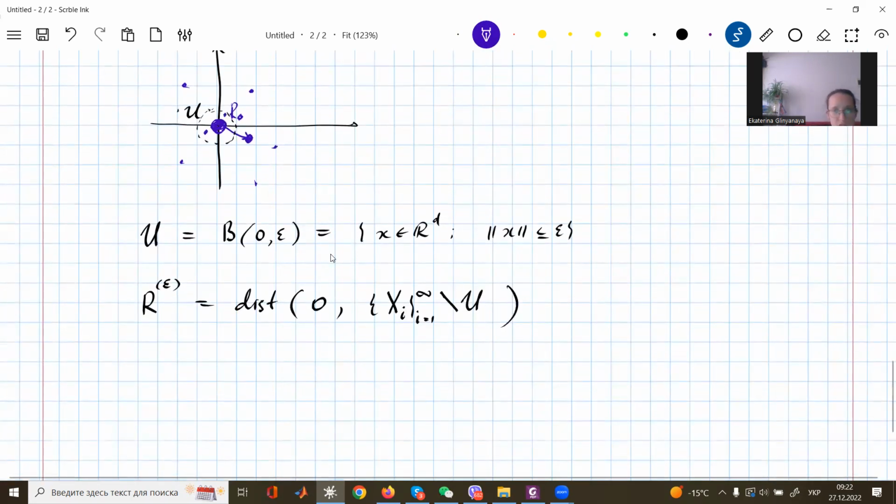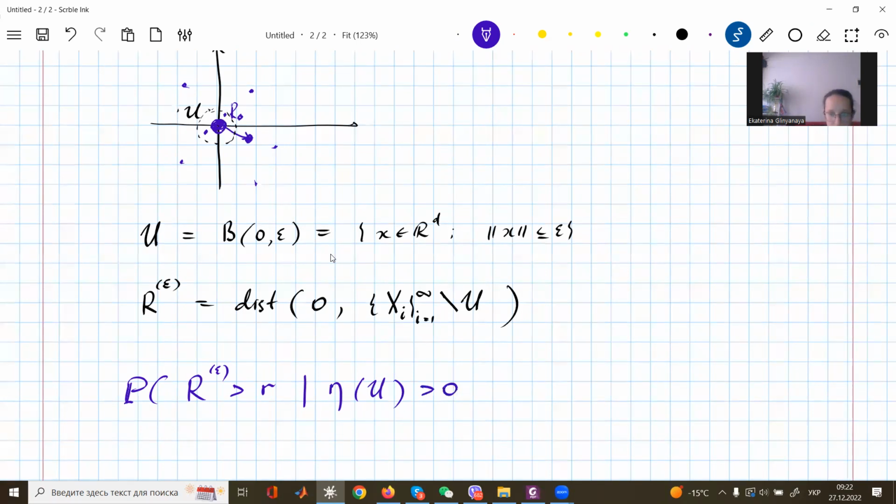So let us try to find this conditional probability. I will write: R_epsilon less than r. Let me start from this exactly, under the condition that in ball U I have some points. So why do I need this notion of a ball?